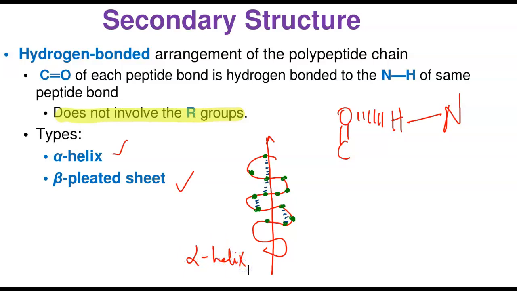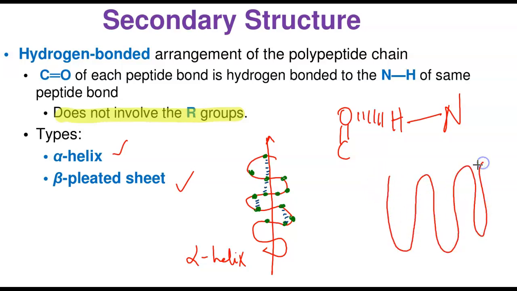And then the beta-pleated sheet, on the other hand, will have amino acids that are running parallel or anti-parallel to each other. So this is what happens here. You have an amino acid here in the chain, and it has the primary chain running across.